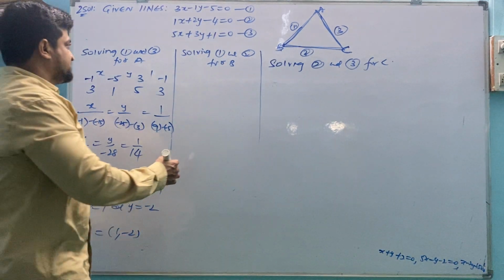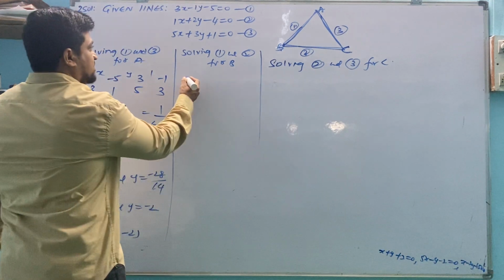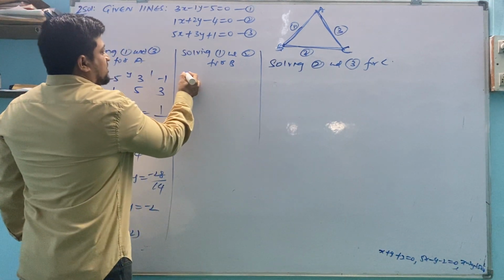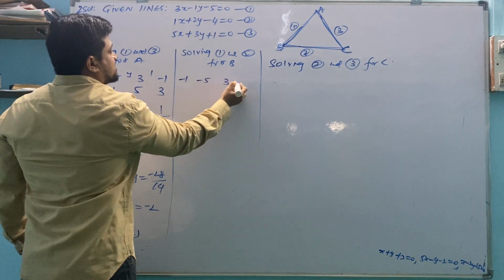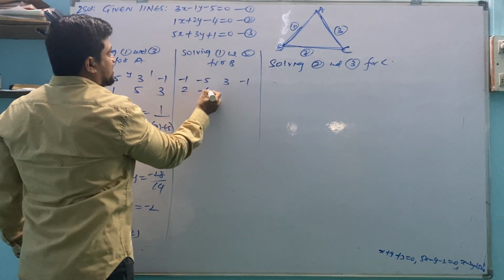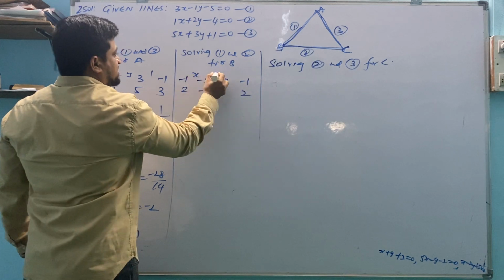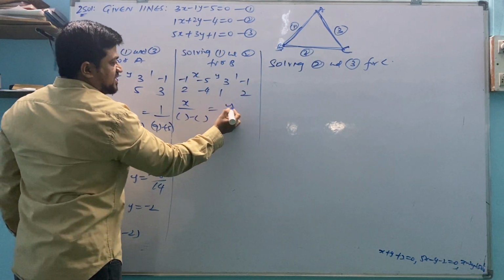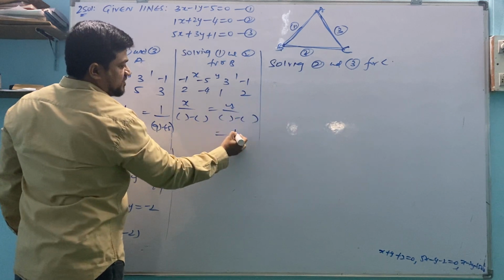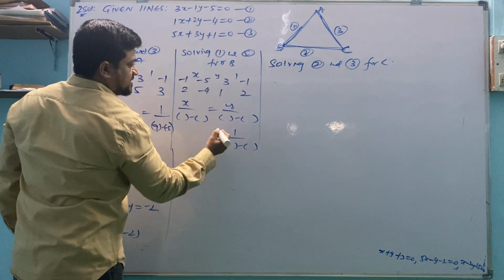Next is 1 and 2 for B. 1 and 2, second term, third term, first term, second term. Second, third, first, second. X, Y, 1. X divided by AD minus BC, Y divided by AD minus BC and 1 divided by AD minus BC.